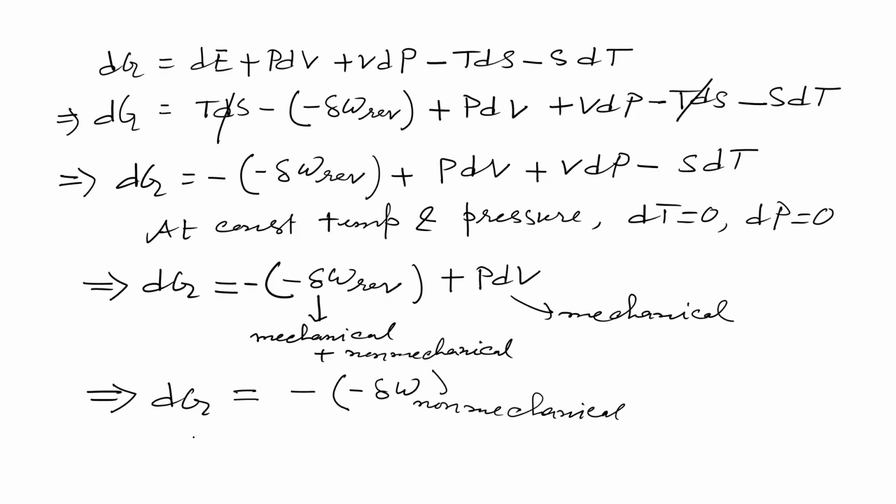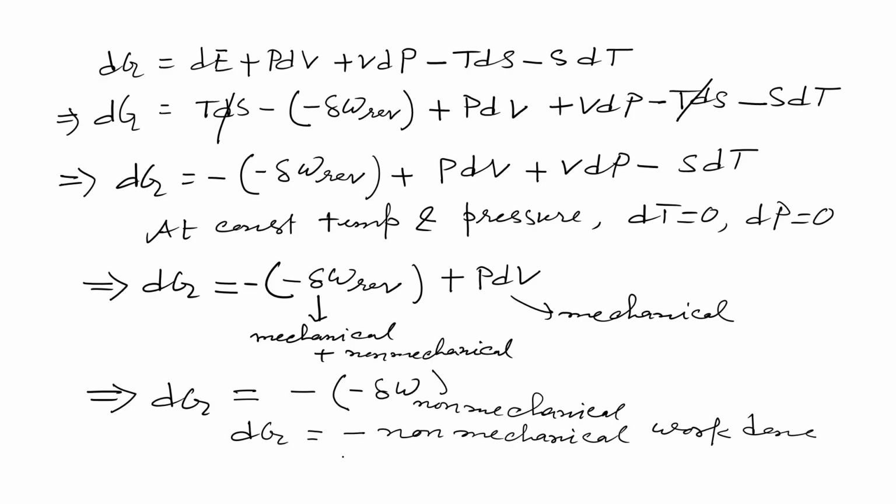So dG is equal to minus of non-mechanical work done by the system.